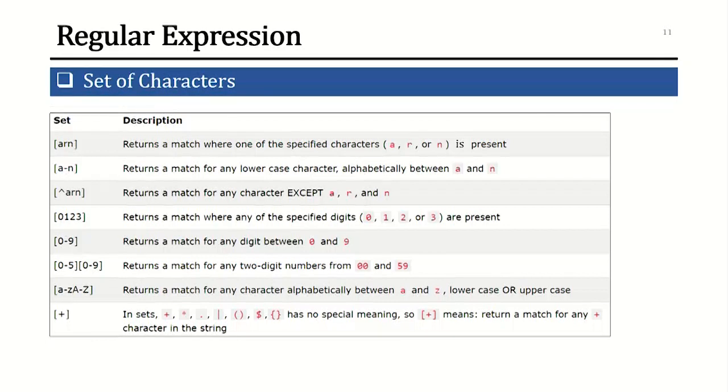So for example, we have 00 and 59. It gives us the match. However, if we use 67, it will not match because the first number is 6. It is out of the range of our specified rule, which is 0 to 5. So similarly, we can also provide a range of characters as well.